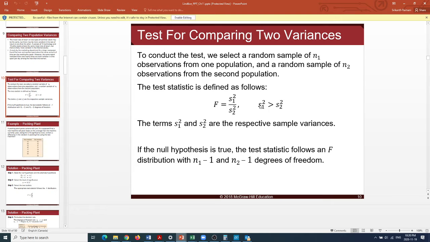The one with the higher variance always goes on top. That's very important. If your second sample has the higher variance, you have your second sample go on top and the first sample go on bottom, and this gets flipped. So that's a simple scenario.